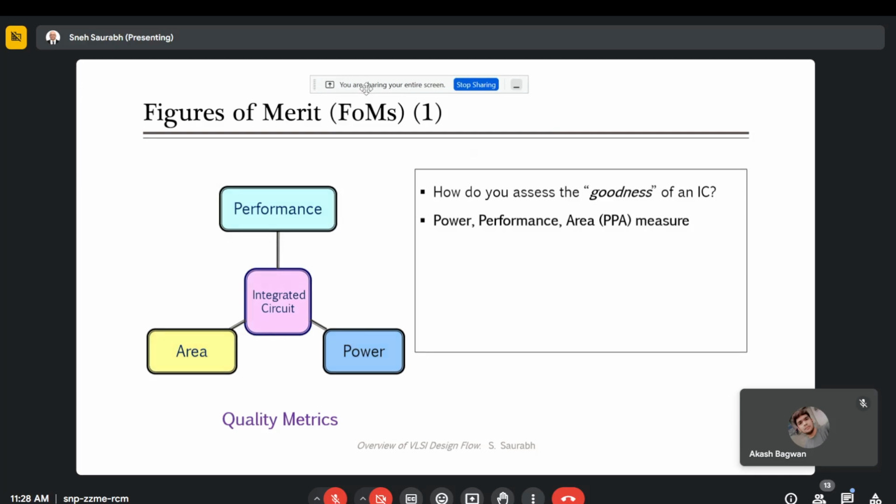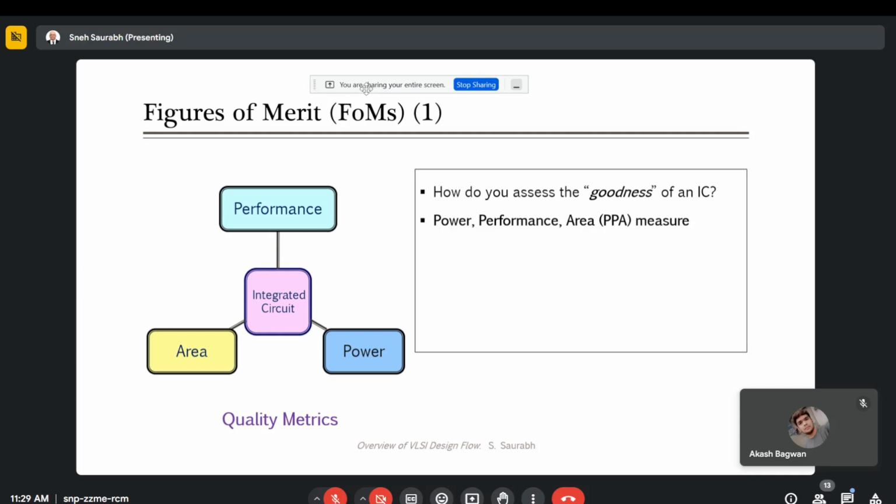When we want to design a circuit, we are given a functionality, which means that this chip needs to work as a processor or a microcontroller or some other Bluetooth chip or Ethernet chip or something, right? So the functionality of a chip is defined, right?